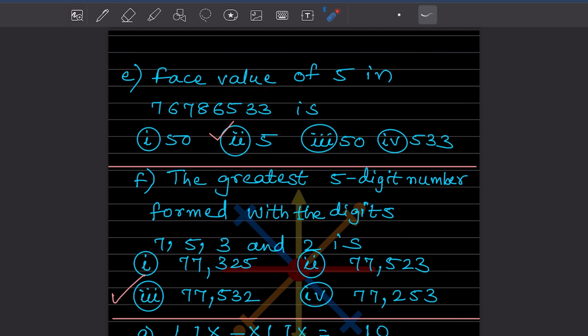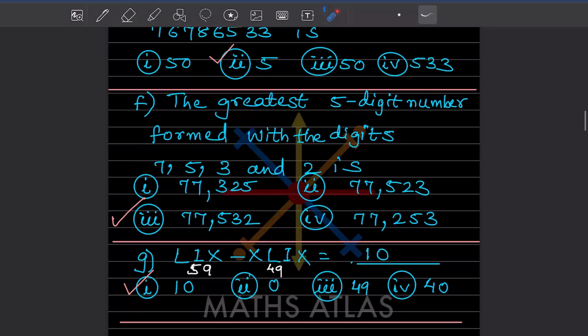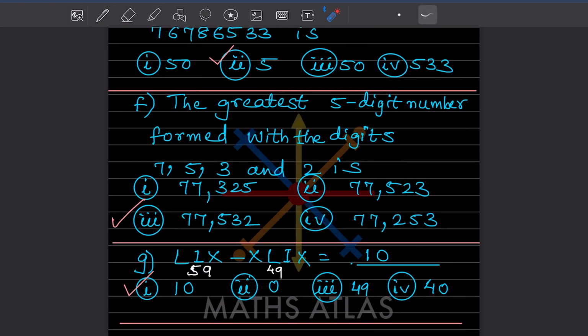So this is under the hundreds place, means 5 is going to be 500. Okay, now let us see the next one. It says the greatest 5-digit number formed with the digits 7, 5, 3 and 2. Okay, so now we want a 5-digit number. How many digits are these? These are only 4 digits. So we have to try to make the greatest number from this.